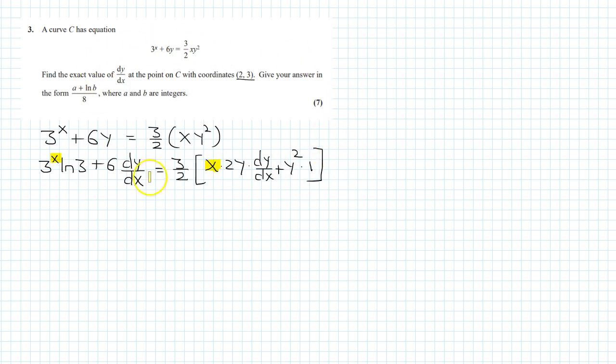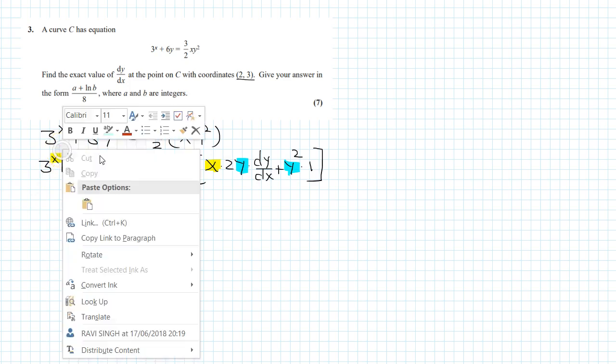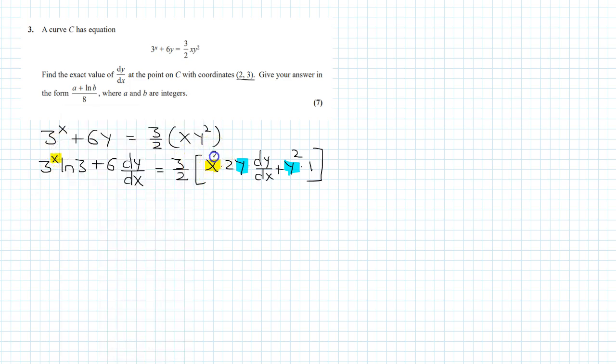So this will be 2, and wherever we have y, we don't have y this side, we have y here and we have y here. So that will be 3. So you have to be a bit careful. So 3 to the power x is 2, and y is 3. I'm just writing to show you, you need not write this in examination.